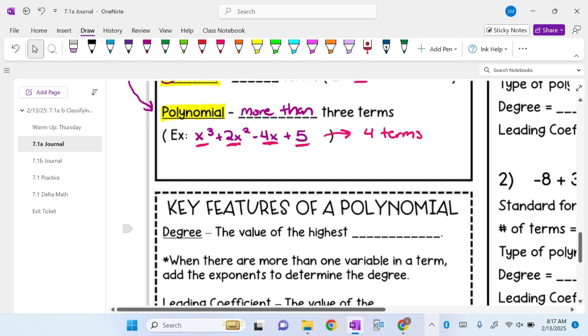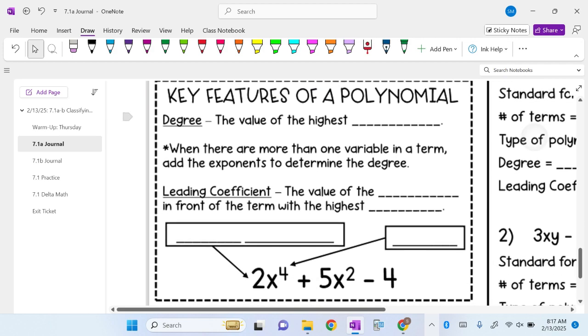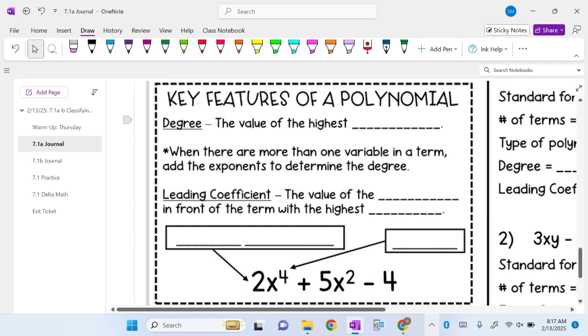Now, there's also another way that we identify a polynomial, and that is through its degree. Again, when you think of the word degree, what do you think of? What typically pops in your mind when you hear the word degree? Temperature, 60 degrees, 70 degrees.